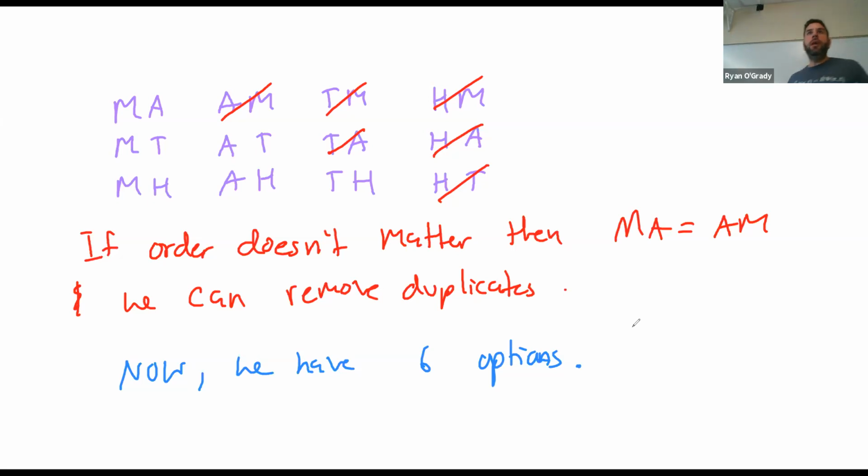So what do we need to do then? It's only coincidence this time that we cut it in half. What we really did is we removed all the duplicates. So what were we choosing? We were choosing 2. So since we're choosing 2, we're going to have 2 factorial duplicates. Now that might not be as obvious to you. So here's a useful fact.